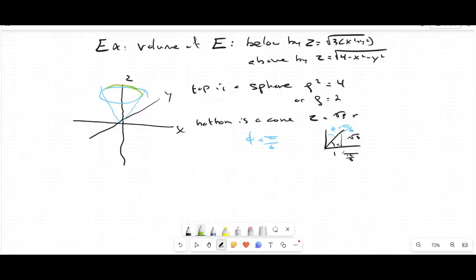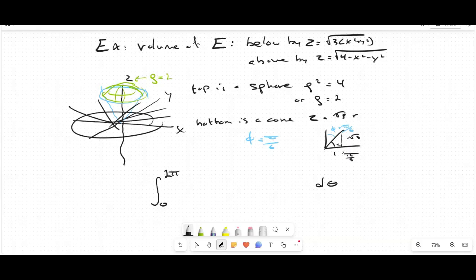And the top there is rho equals 2. So here's what I'm going to do. I'm going to take theta from 0 to 2 pi. That's d theta on the outside. I don't care about theta. All theta directions work, right?